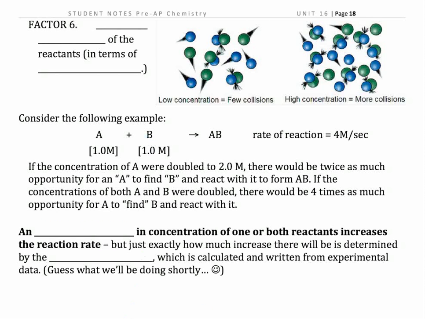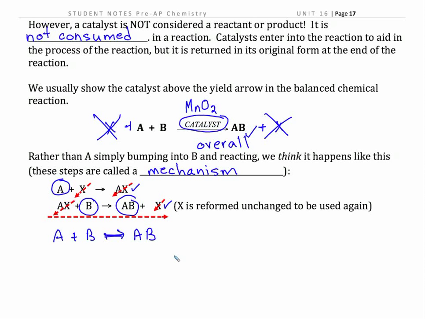Now, just a couple more terms here, and then we'll let it go. We have two types of catalyst. We have a homogeneous catalyst, and that's a catalyst that is in the same phase. So if it's a gas phase reaction, the catalyst is a gas. If it's a liquid phase or aqueous, then the catalyst is also aqueous.